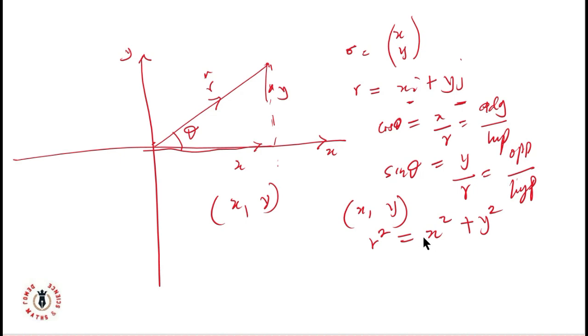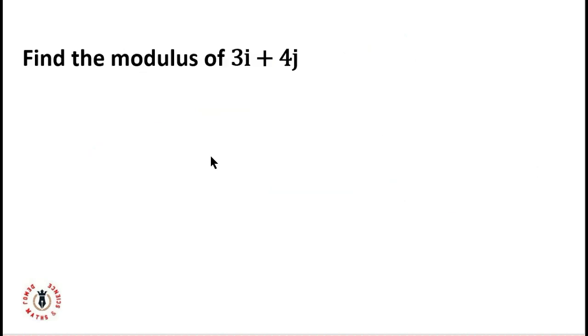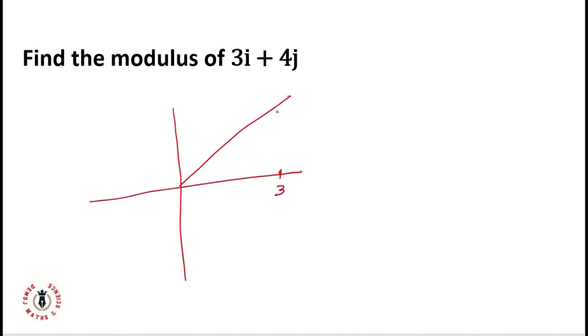To help us understand this better, let's take an example. My example says I should find the modulus of 3i plus 4j. Let's represent it with a diagram. Now my i will be the x component, which is here I'll have 3, and my 4 will be the y component. So here I'll have 4.